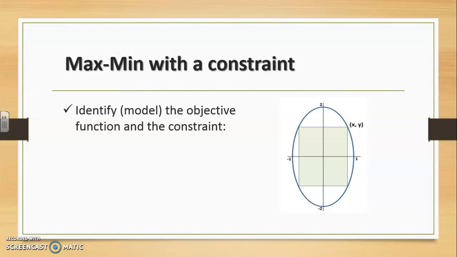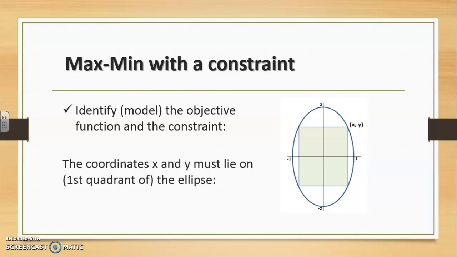As for the constraint, we said that x and y are the coordinates of the points that must lie on the ellipse. And we're also going to focus on only coordinates that are in the first quadrant. So whatever x and y are, they must respect the constraint 4x squared plus y squared equals 4.